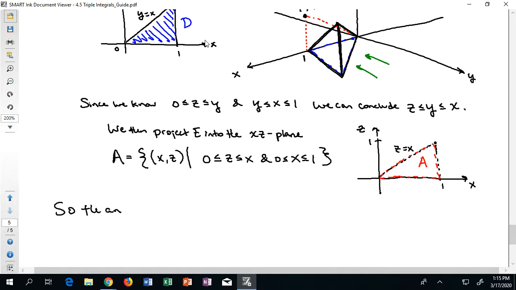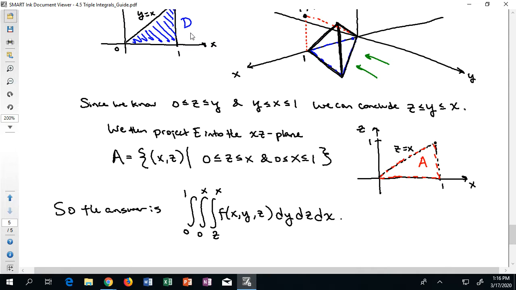I'll just say the answer is, and I'll have my triple integral, and I can rewrite the bounds. My x bounds come last, my z bounds are coming second, and those bounds on y are coming first. So y, z, and x.